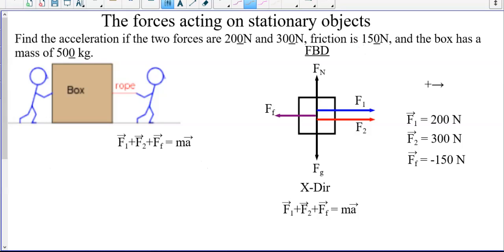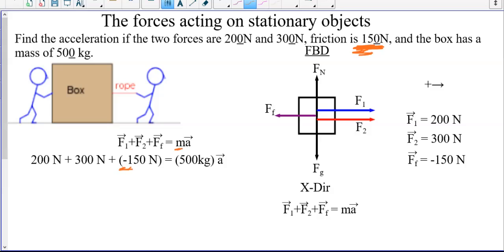So if I write our problem to the left here, input all of our forces. Force 1 is 200 newtons plus 300 newtons, force 2, plus our, again, negative 150 newtons for our friction. I have to stress this over and over again. Just because friction is positive in the actual question doesn't mean it's positive in the math. Friction is always negative.